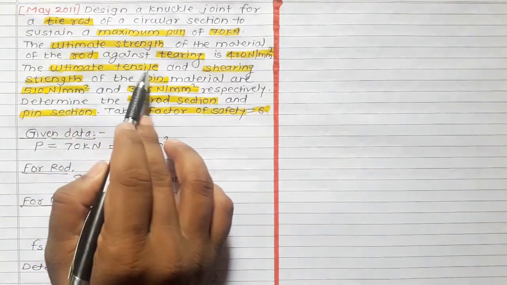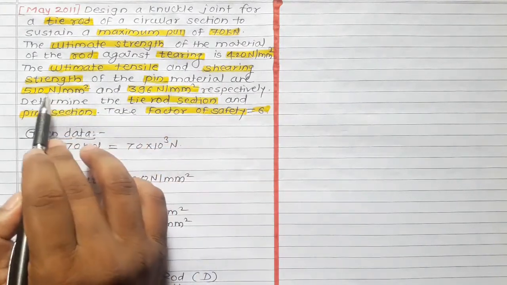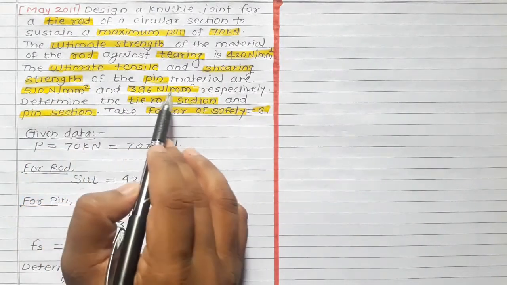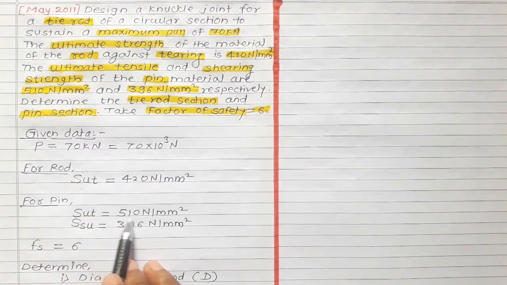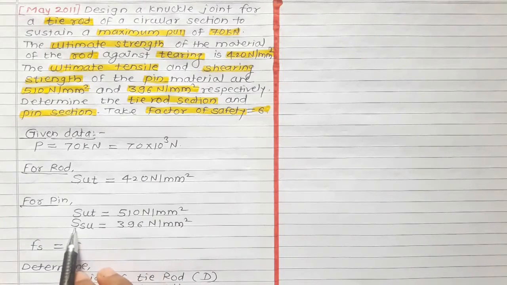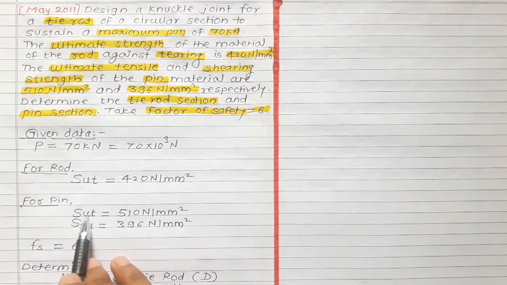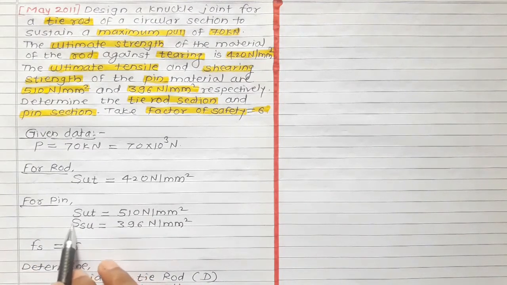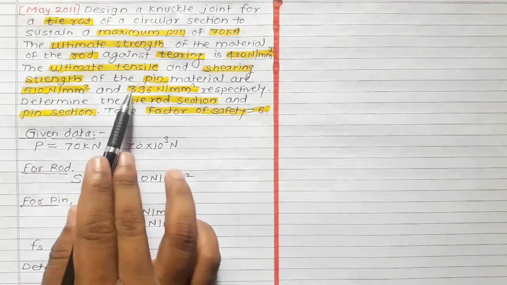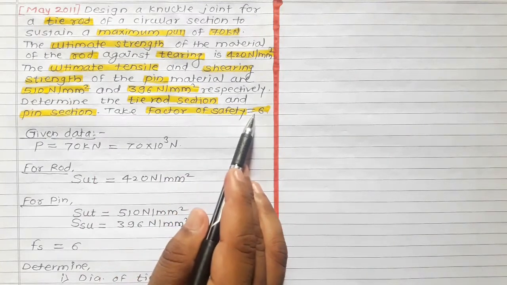Now next is ultimate tensile and ultimate shear strength of the pin material, 510 and 396 Newton per mm square. So for pin material we have SUT of 510 Newton per mm square and SSU as 396 Newton per mm square. So this is ultimate strength in tension for pin material, and this is ultimate shear strength for pin material. Next, factor of safety is given, it is 6.